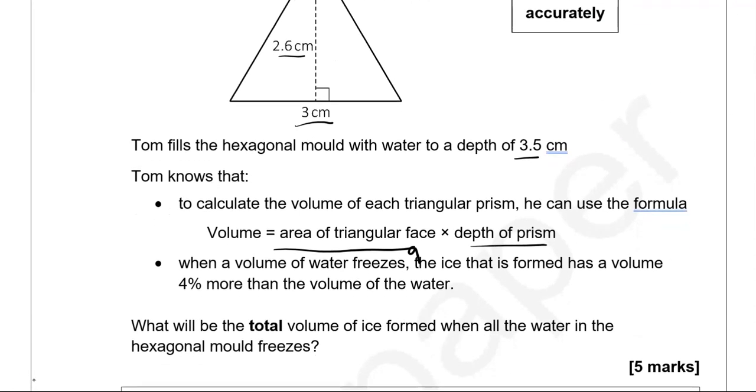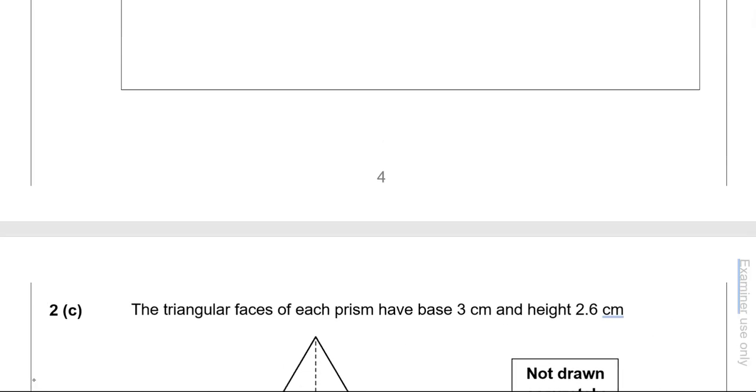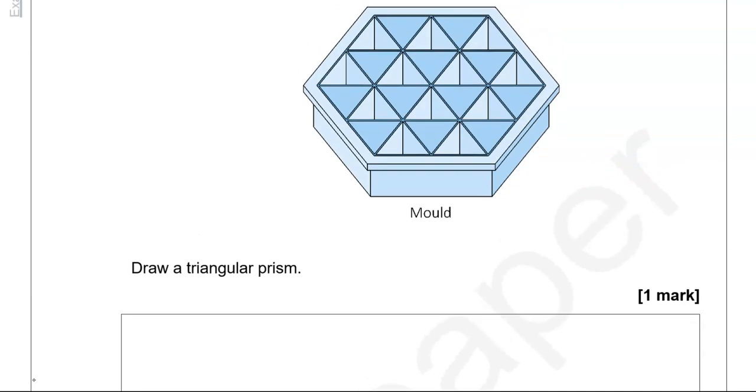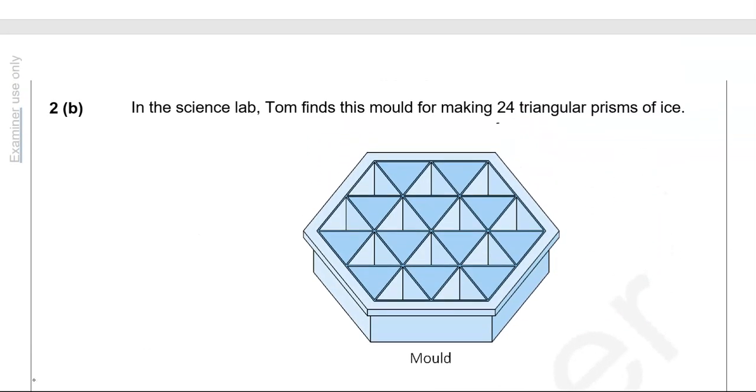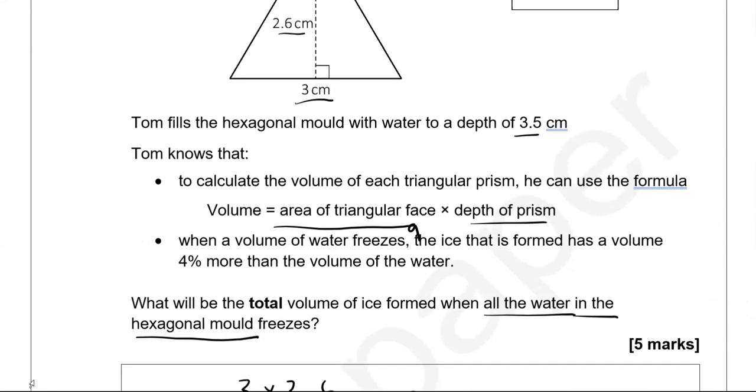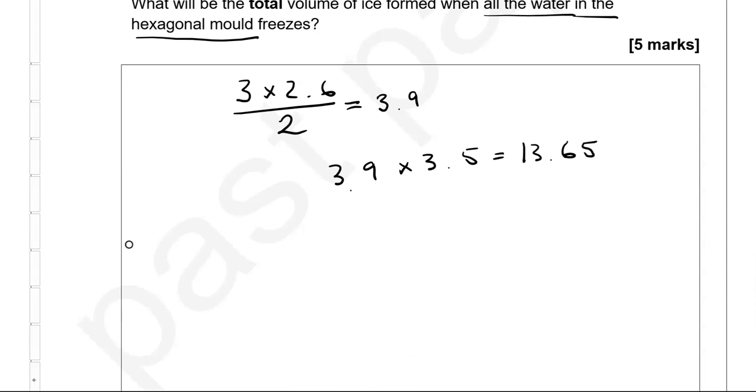And we've got to work out the volume of the ice formed when all the water in the hexagonal mold freezes. So that is 24 of them from the previous question. So there are 24 triangular prisms of ice. So that means we need to multiply this final answer by 24.